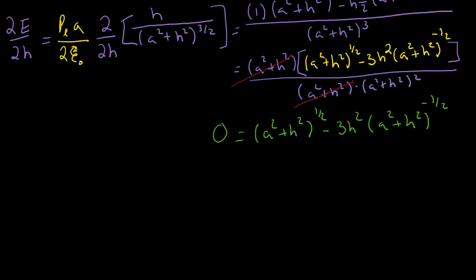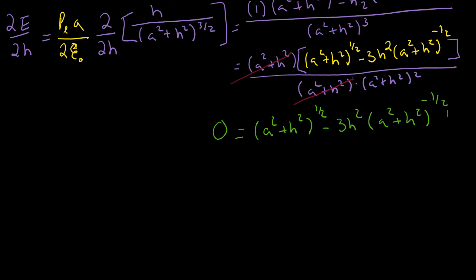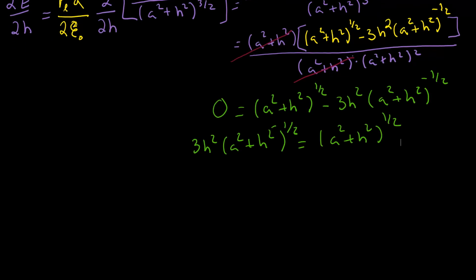Move that to the other side, and multiply both sides by (A squared plus H squared) to the 1 half. We're going to have 3H squared equal to A squared plus H squared.